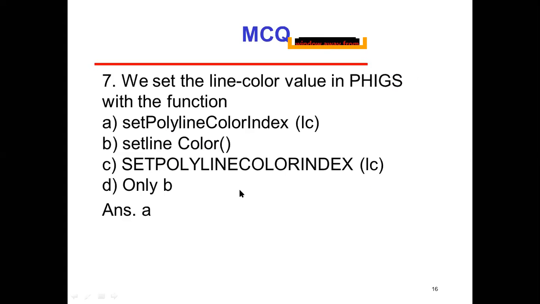This is the capital form, this is the small form, and only B. So answer A is correct. Set polyline color index. In this software, whenever we set the line color value, we use the command set polyline color index. This is one of the commands used to set the line color value.